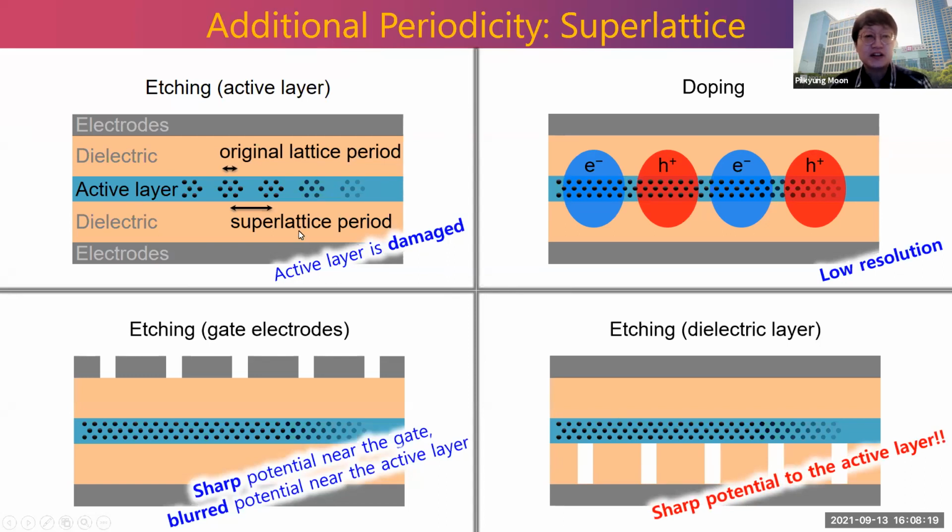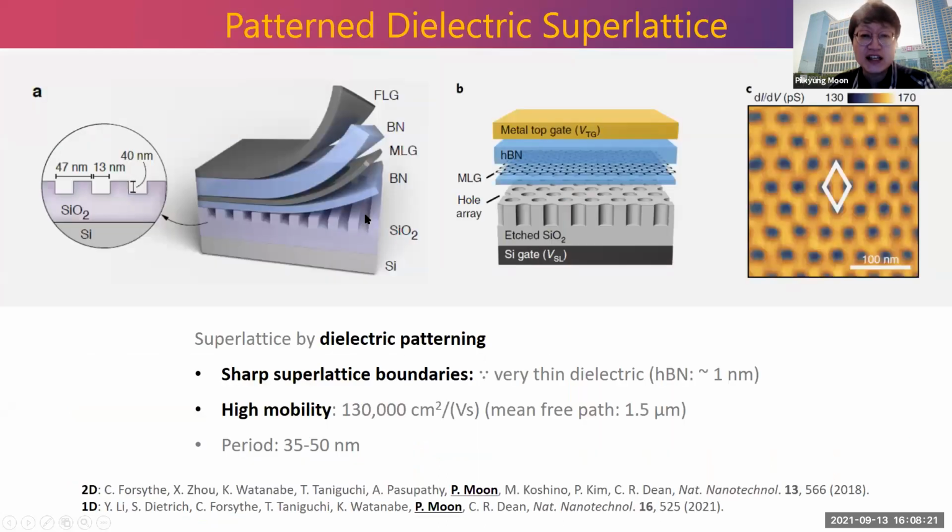For example, here the silicon oxide is etched by using plasma etching. We can make a one-dimensional structure or two-dimensional structure with any arbitrary symmetry. Then we put boron nitride and graphene. Boron nitride is an additional dielectric media. This gives a very sharp superlattice boundary, and since the graphene is not damaged, it gives a very high mobility.